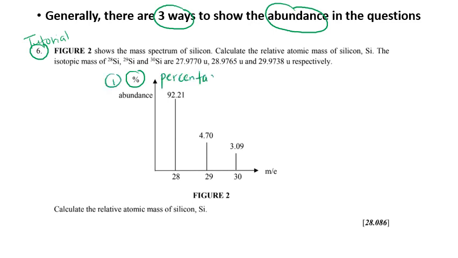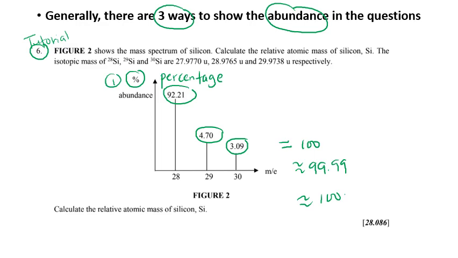So if the abundance is given in percentage, when you total up all the abundance here, it will be equal to 100, or approximately 99.99 or 100.01.